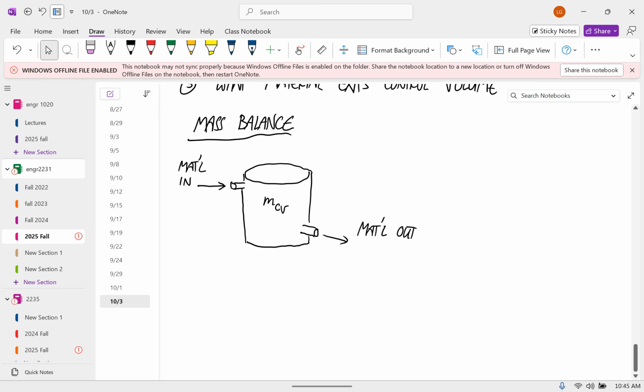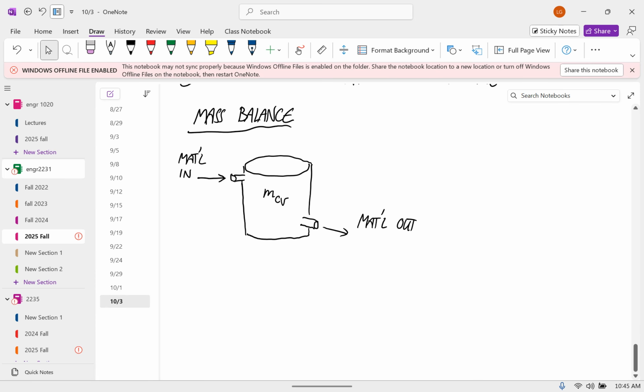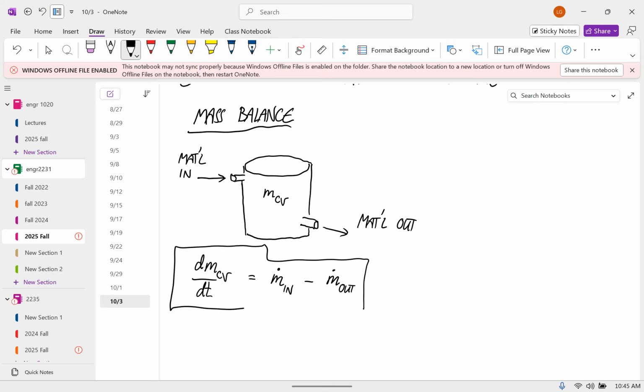The control volume conservation of mass says the rate at which the mass in the control volume changes, dm/dt inside the control volume, is equal to the rate that mass comes in minus the rate that mass goes out. That's a pretty sensible requirement: no mass is created or destroyed inside the tank.